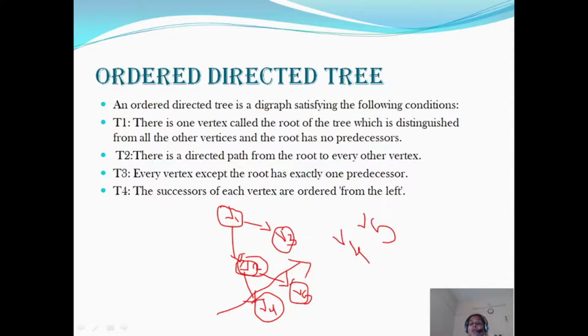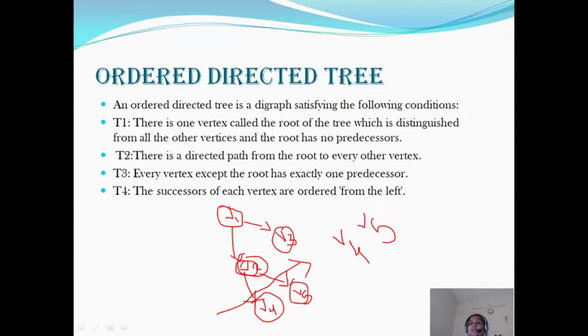Ordered tree means it is coming from a directed graph, and not every vertex pair is connected. If there is a connection between a vertex pair, it is connected with a directed edge, and there is also a directed path from the root to every other vertex.